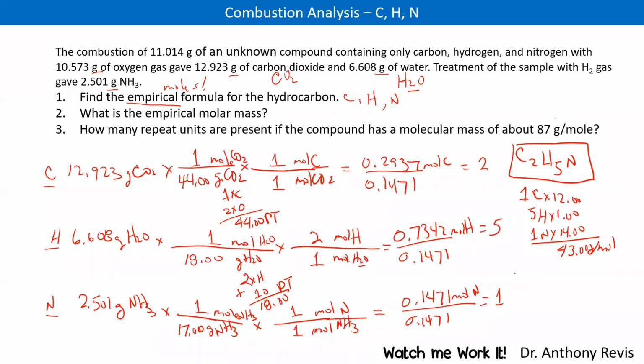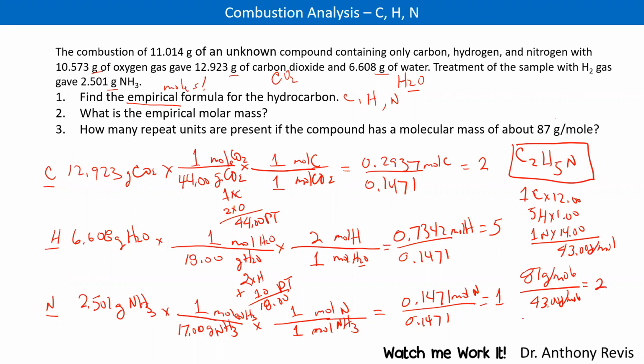So how many repeat units do I have? Well, the number of repeat units would be, take the 87 grams per mole divided by the 43.00 grams per mole. And when I run this number through, pretty obvious, right? I get 2 repeat units.